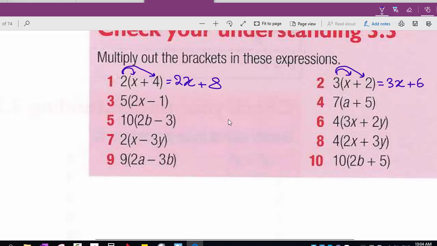plus 6. 5 times 2x is 10x minus 5 times 1, 5.